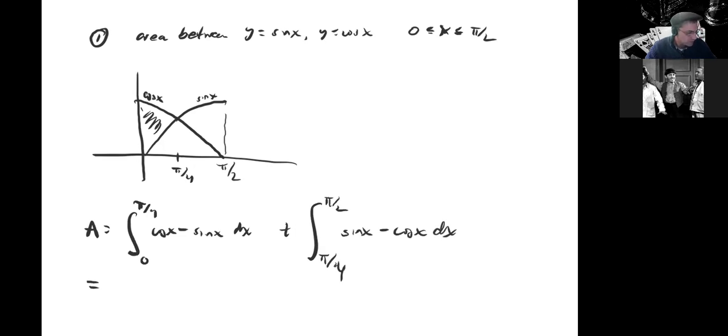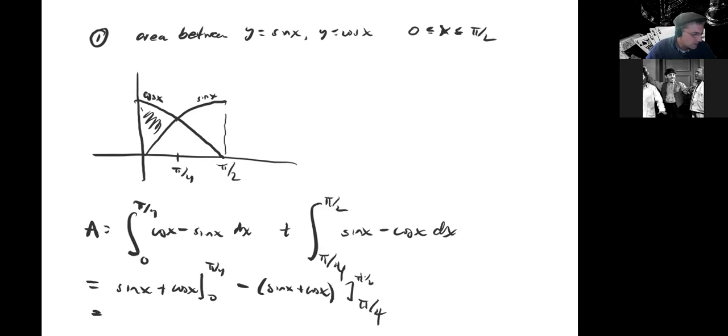And if we integrate, we get sine x plus cosine of x from 0 to pi over 4 plus the integral of sine x minus cosine x. In other words, let me write it like this, minus cosine x plus sine x from pi over 4 to pi over 2.